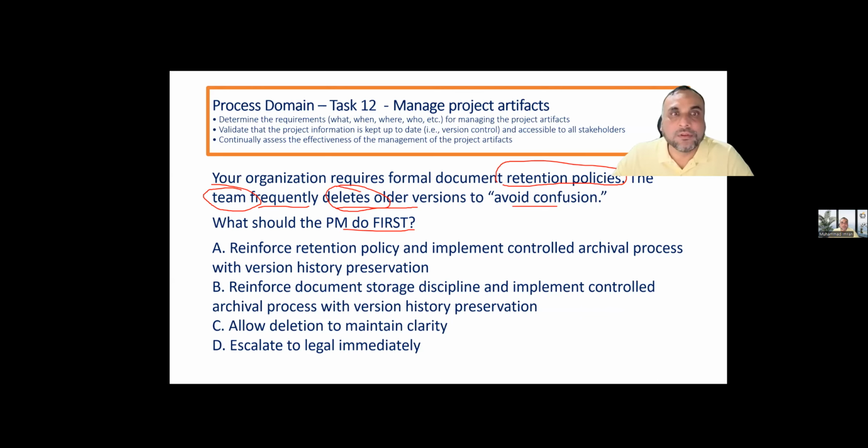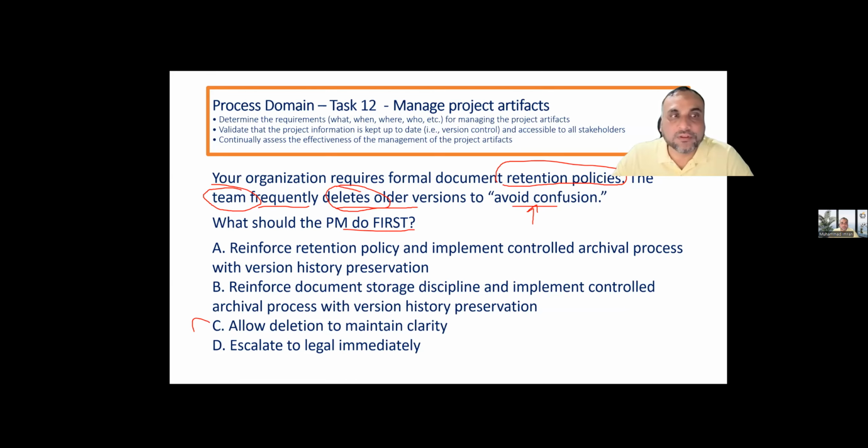The problem is that they want to avoid having duplicates and avoid confusion from the older versions. Reinforce retention policy and implement controlled archival process with version history preservation. Reinforce document storage discipline and implement controlled archival process with version history preservation. Allow deletion to maintain clarity. Escalate to legal immediately.